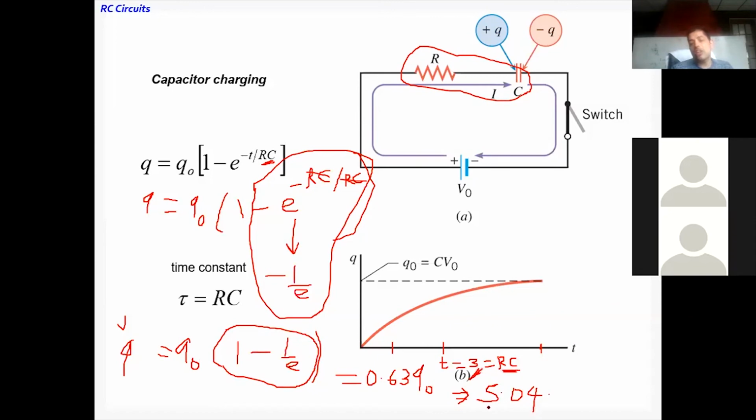In 3 seconds, this much charge will be stored in the capacitor. Without even charging the device, you can claim this. I put T equals RC here, and when I put T equals RC, your device will be charged 63% when the time equals RC.